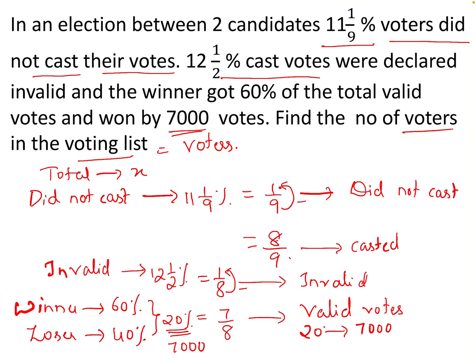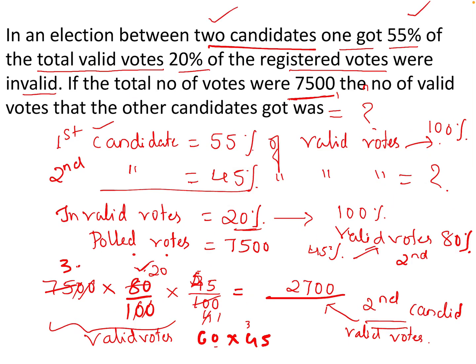20% means what? 1 by 5. So 1 by 5 is 7,000. So we can say that if x is total votes, then 8 by 9 people voted, isn't it?